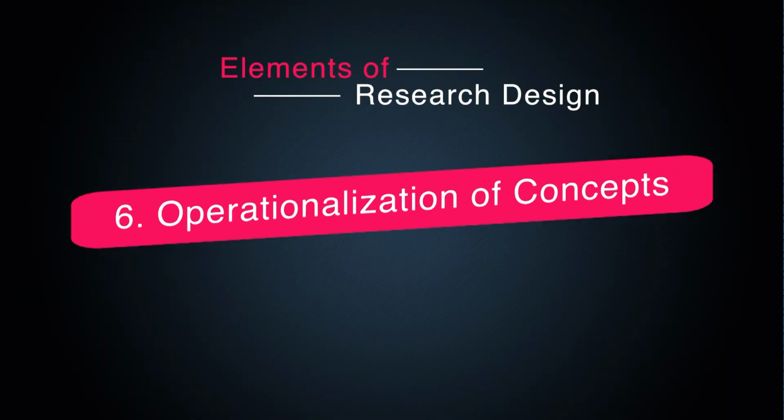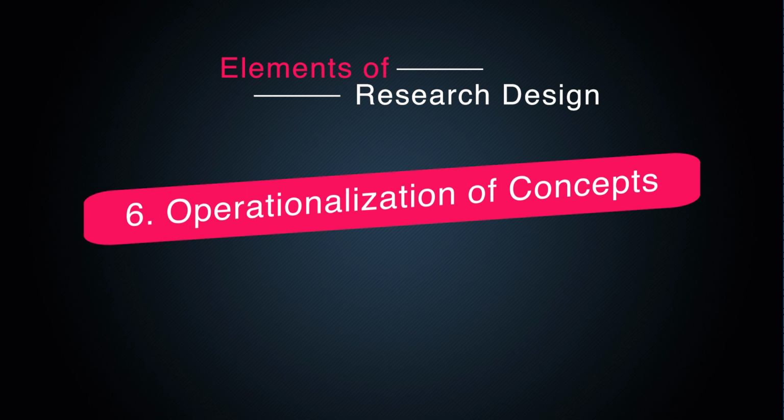Another element is the operationalization of concepts. Since concepts serve a number of important functions, clarity and precision in the usage of concepts are to be achieved by definitions which must contain the distinctive characteristics or qualities of the phenomena under investigation.